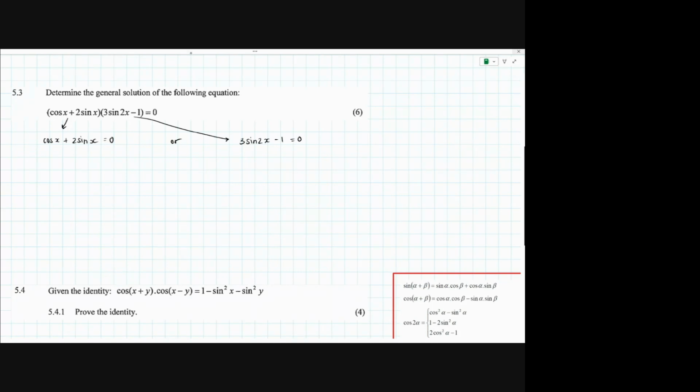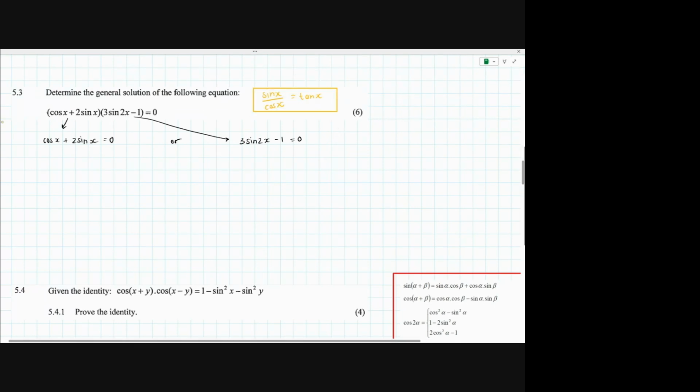But what I want you to remember is that you have an identity that tells you that sine of an angle divided by cos of that same angle gives you tan x. This is one of your identities that you learned in grade 11.